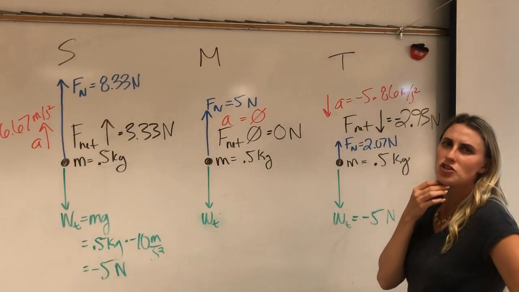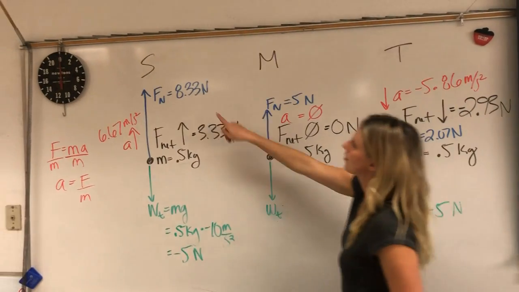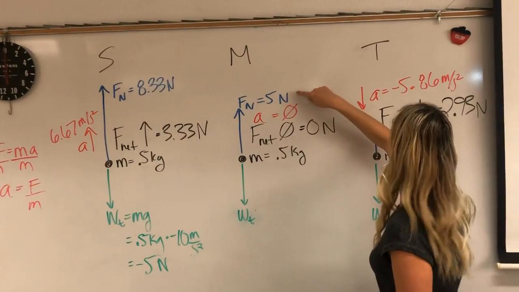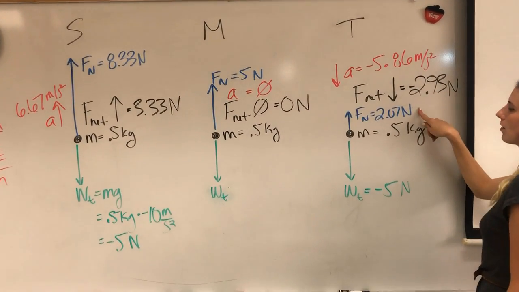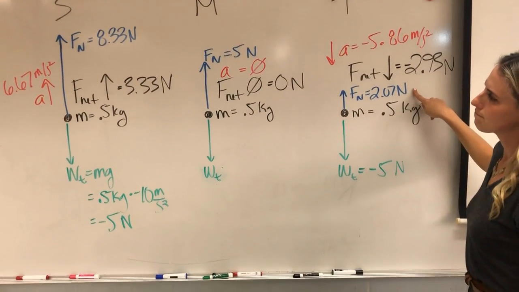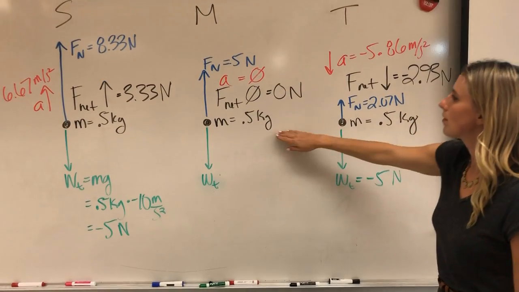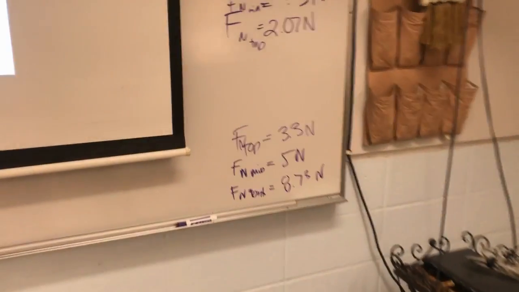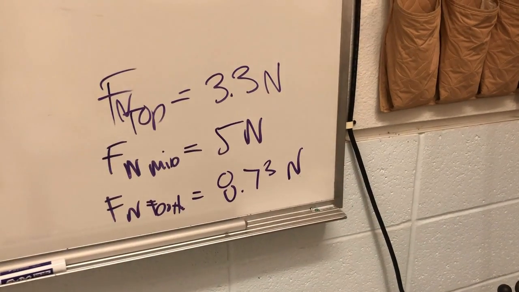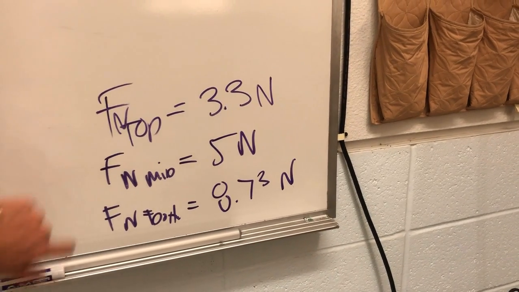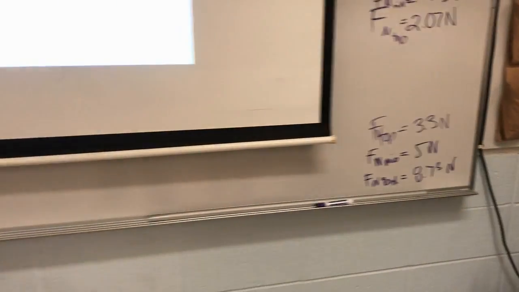Well, what changed for the trip going down? But the weight stayed the same. And they've also got these numbers over here, so make sure you plug these in and do the same thing we did for that second one.